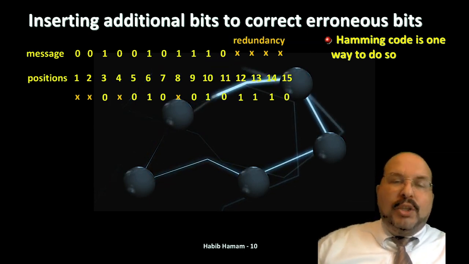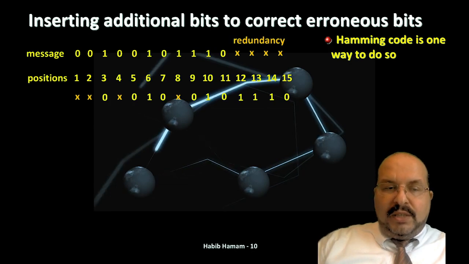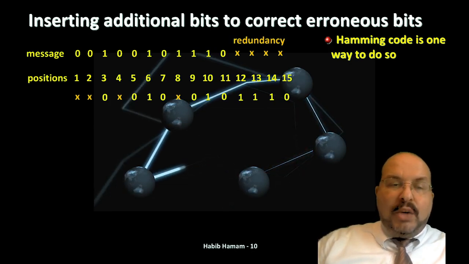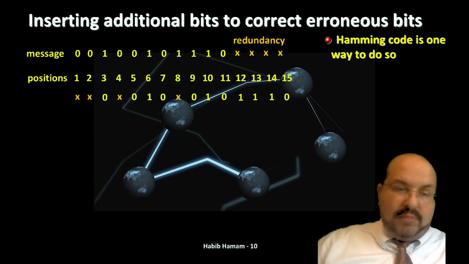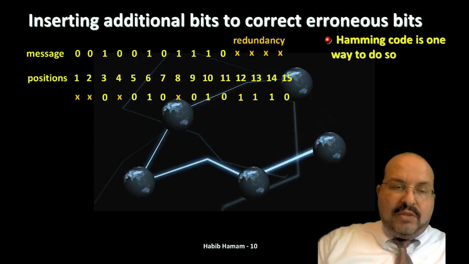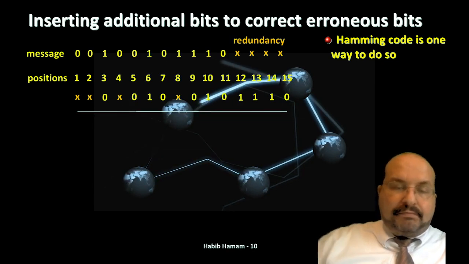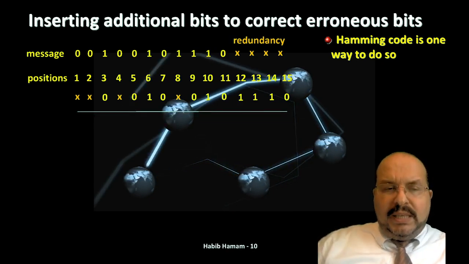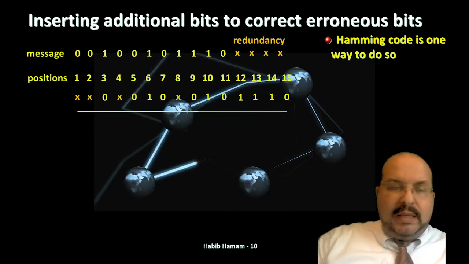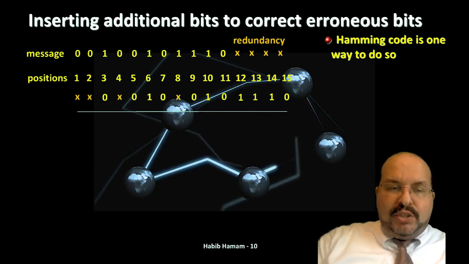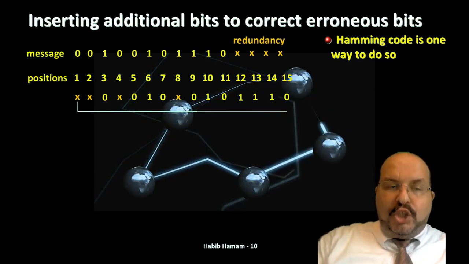Now we have a new sequence of bits, but we have unknown bits which are represented by x, x, x, x. We'll follow the following scheme. We select some positions. We start by position 1.